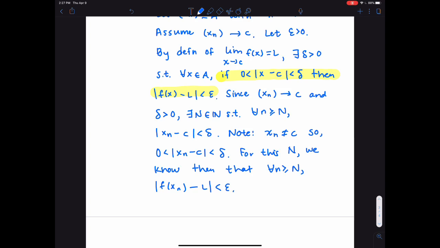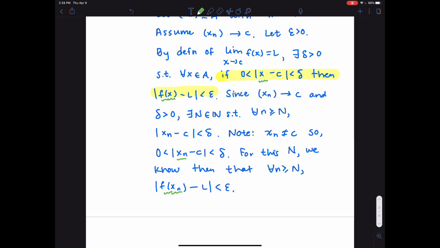Because here it's like we're saying, all right, pick any x you want as long as it satisfies the delta restriction, then its function output is going to satisfy the epsilon restriction. And so for us, we are using specifically values in our sequence. And because they're in the delta neighborhood and they're also in A, we get to say something about f of xn.